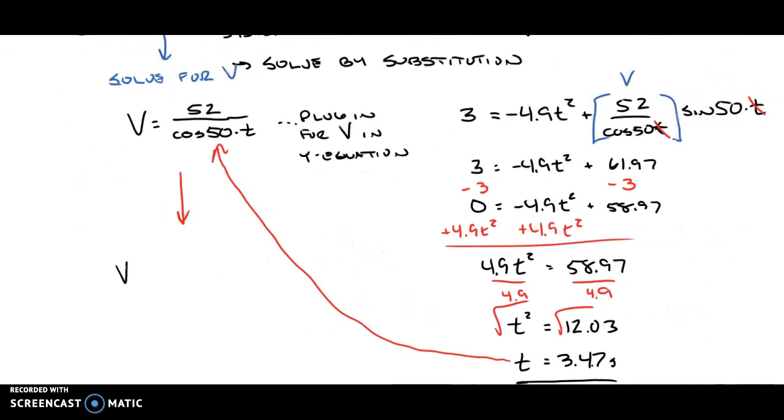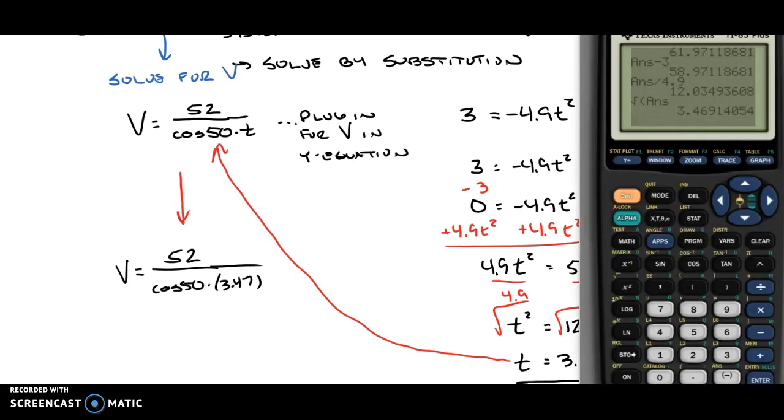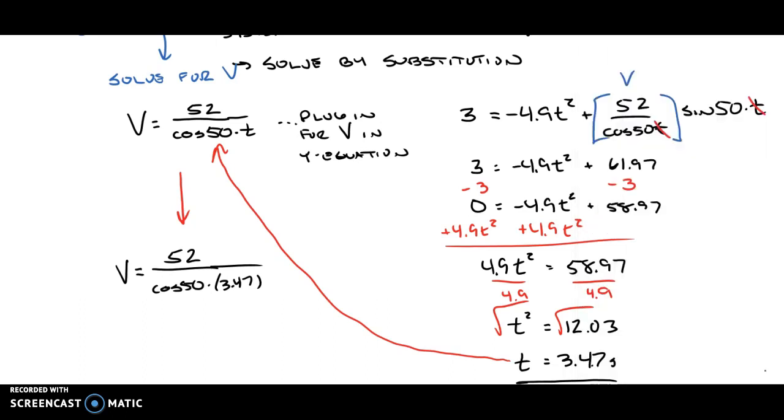So v is going to be equal to 52 divided by cosine of 50 times my time, which is 3.47. Plug in my calculator, 52 divided by cosine of 50 times answer I just got, and hopefully my parentheses are right, and I get 23.32.